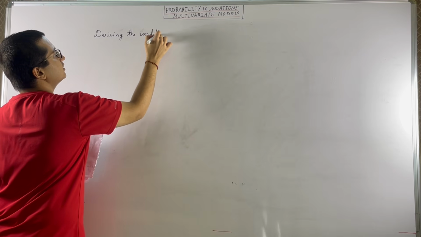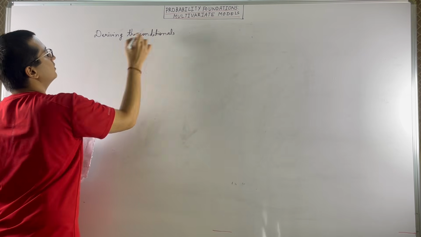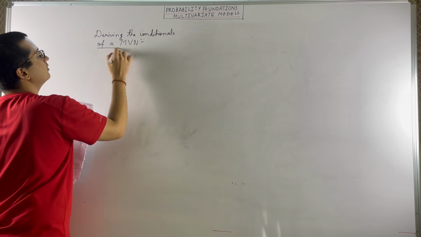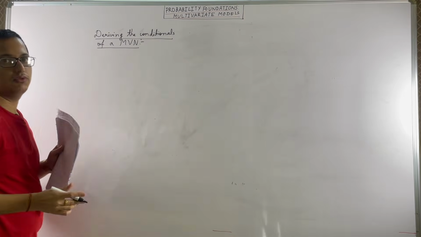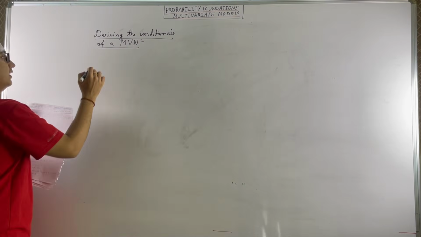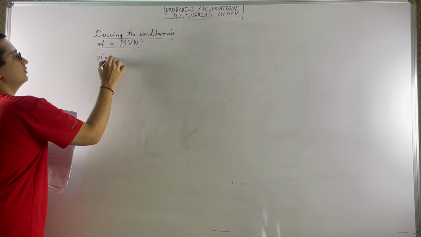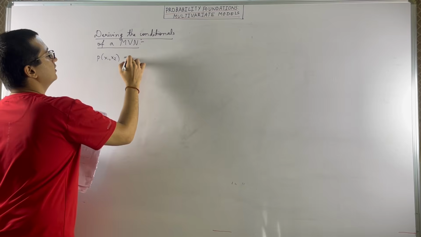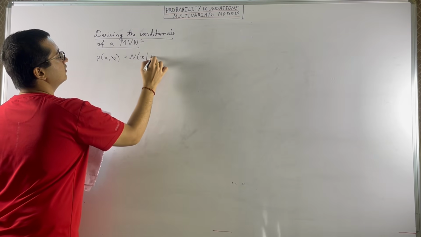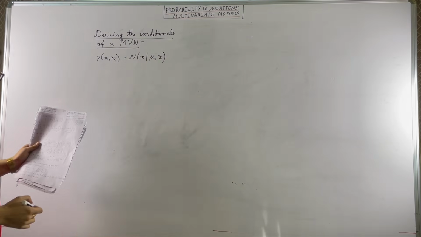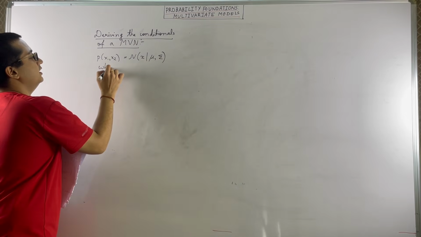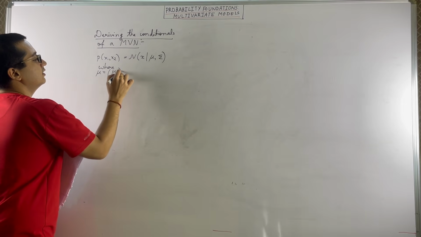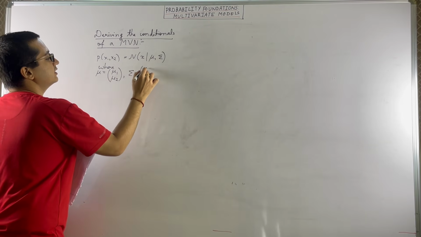Deriving the conditionals of a multivariate normal. So what did we say? That if x1 and x2 follow a joint Gaussian density, where my mean mu is, let's say, this, and covariance sigma is, let's say, this.